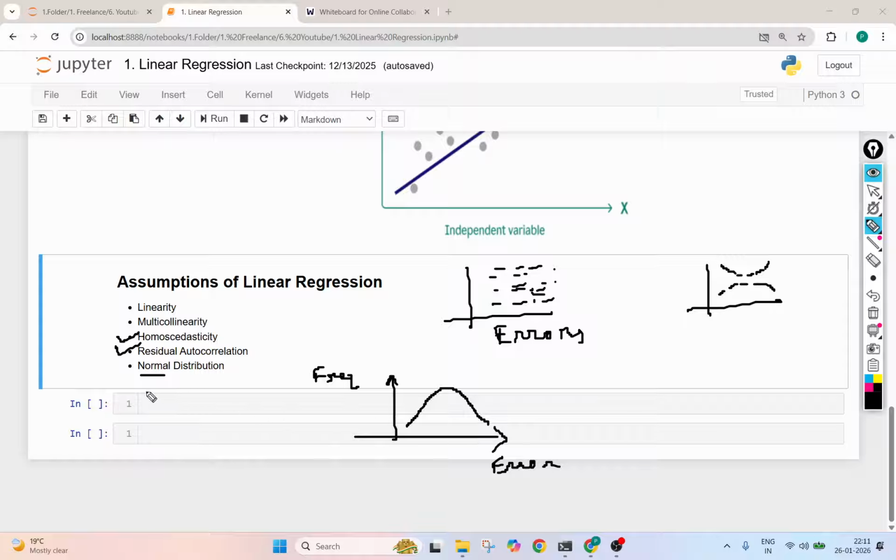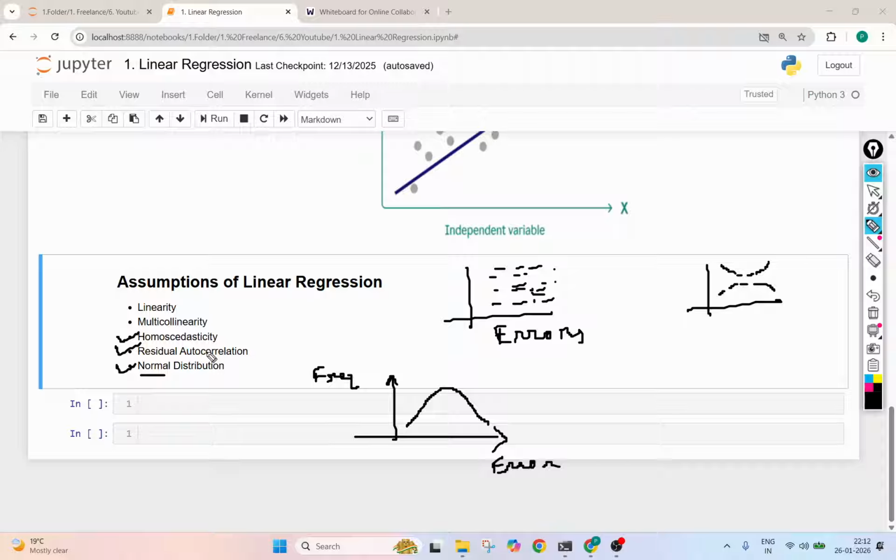So these are the 5 assumptions that we have for linear regression, namely linearity, input and output should be linear in nature. Multicollinearity, there should exist no multicollinearity. That is, one feature should not affect the other. Homoscedasticity, that is, spread of errors should be uniform or equal.